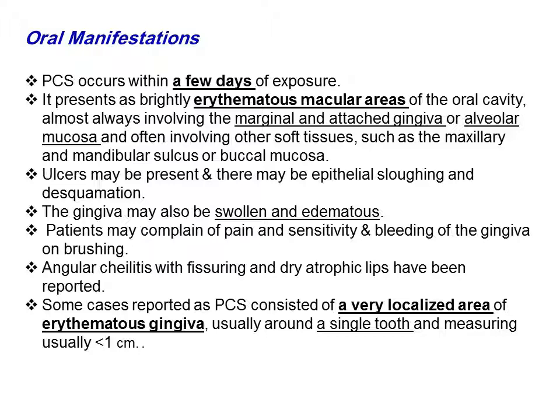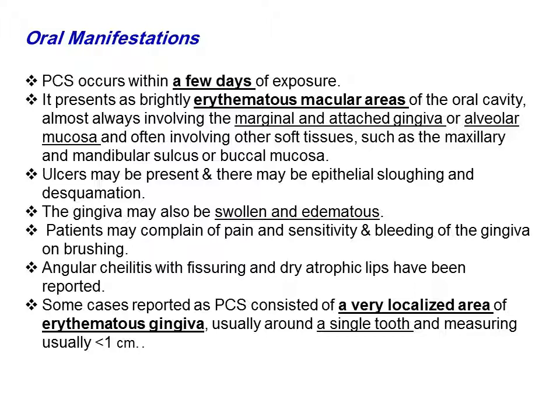Oral manifestations, as we said, appear within a few days after the exposure. Erythematous macular areas of the oral cavity involving marginal and attached gingiva and alveolar mucosa. Soft tissue may also be affected in the maxillary and mandibular sulcus and buccal mucosa.